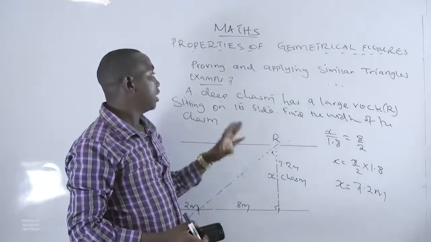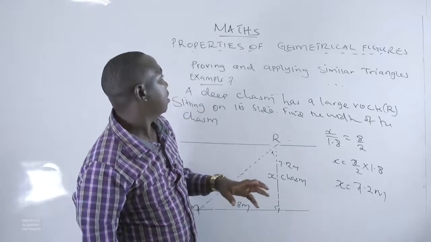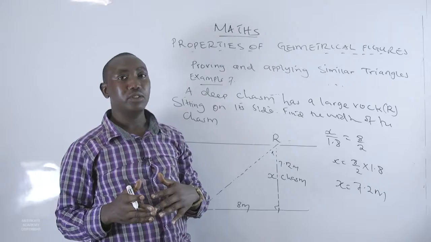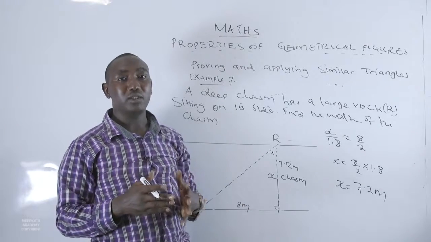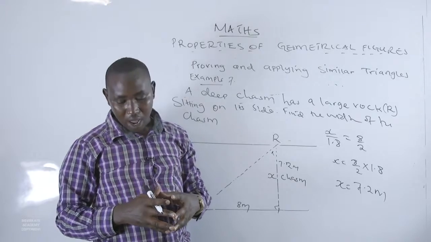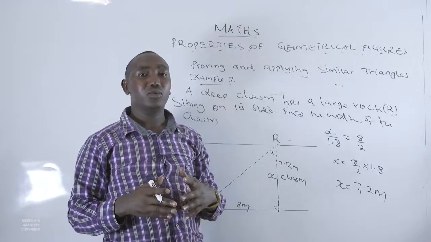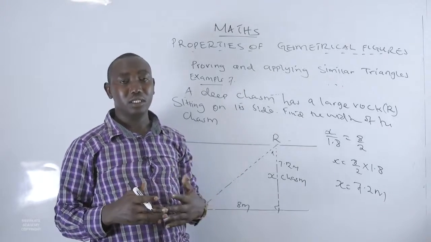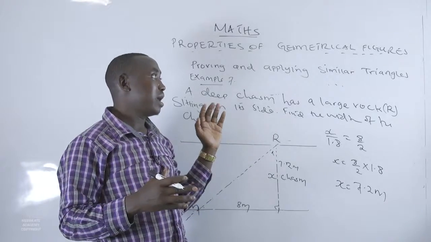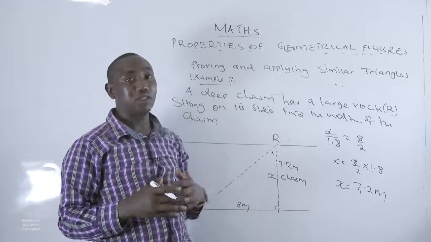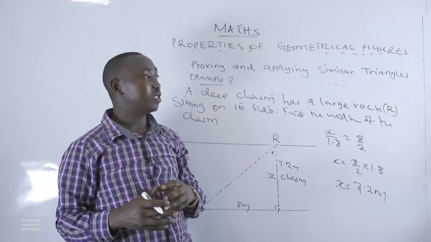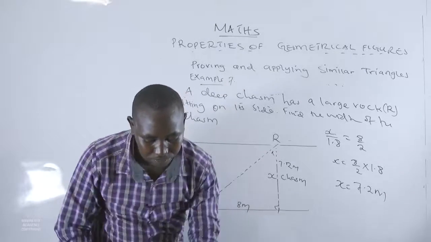So that is it all about how to apply similar triangles and proving similarity in triangles to solve mathematical problems. I now want us to look at some of the few things that normally use the knowledge of similarity of triangles and the whole aspect of properties of geometrical figures.